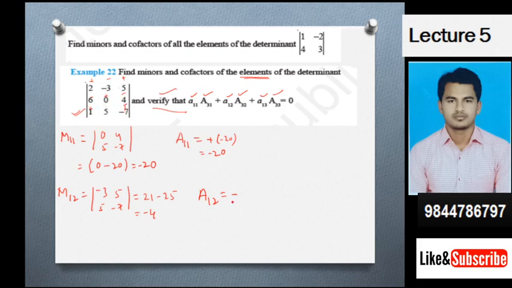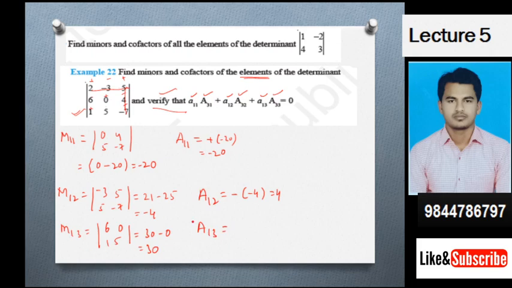Now it is minus, so we get minus of the minor element, that is plus 4. Later, M13 means eliminating first row and third column. 6, 0, 1, 5. 30 minus 0 equals 30.